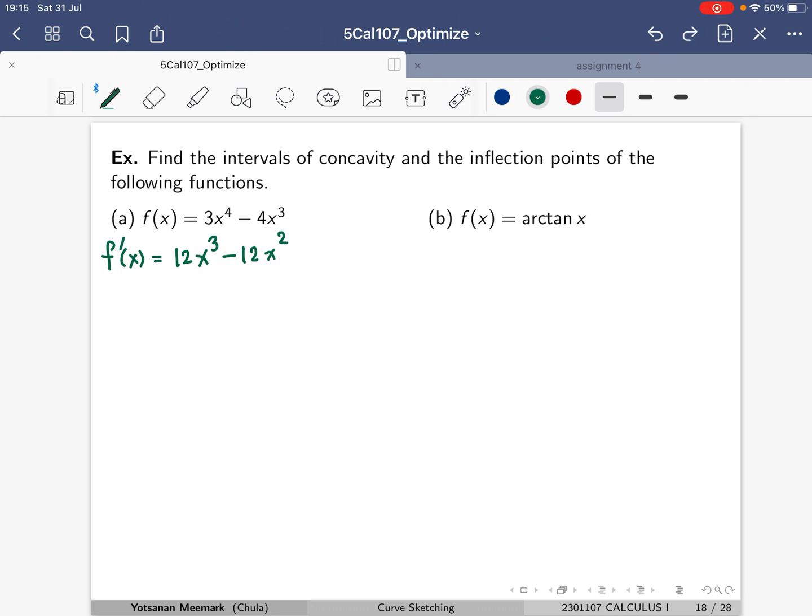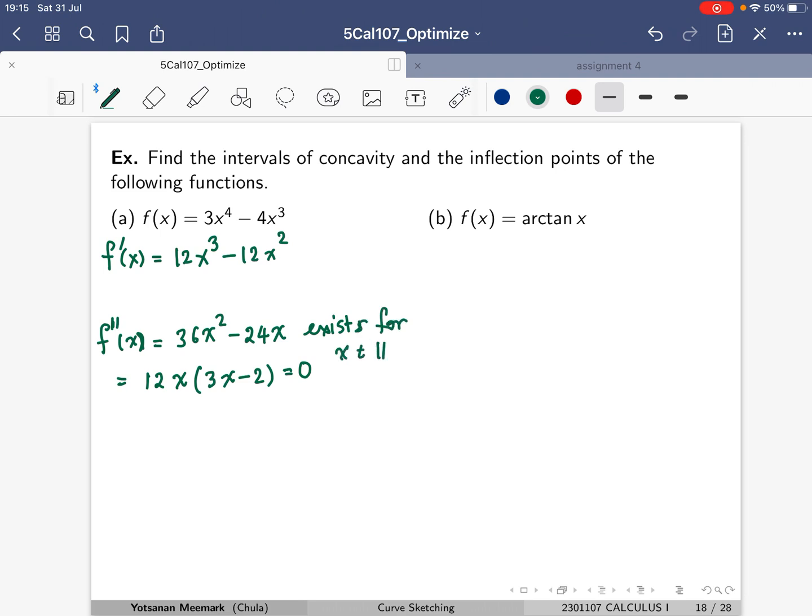To find the inflection points or the concavity, you need to find f double prime, which is 36x squared minus 24x. Then to determine it, you do a factorization, which is 12x, the common factor, times 3x minus 2. And then you just make it equal to 0. Why is that? Because this exists for each and every x in the real numbers.